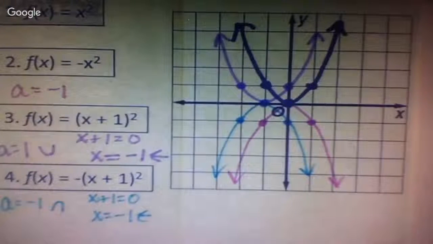So you had two things that happen. You had to move it left, and then you had to reflect it. Everything that we've done so far is not fair, because you have that plus one there that tells you that it has to move to the left.